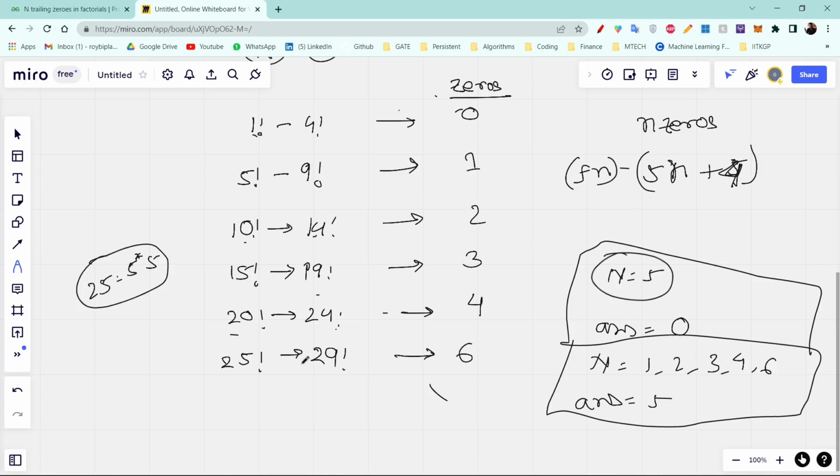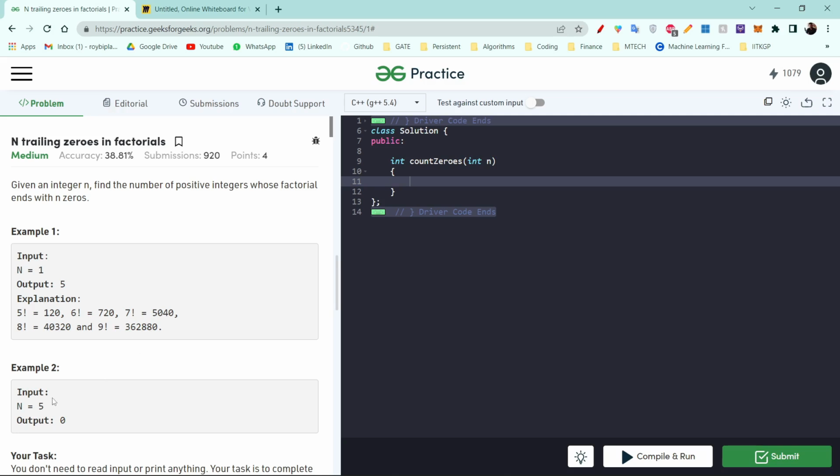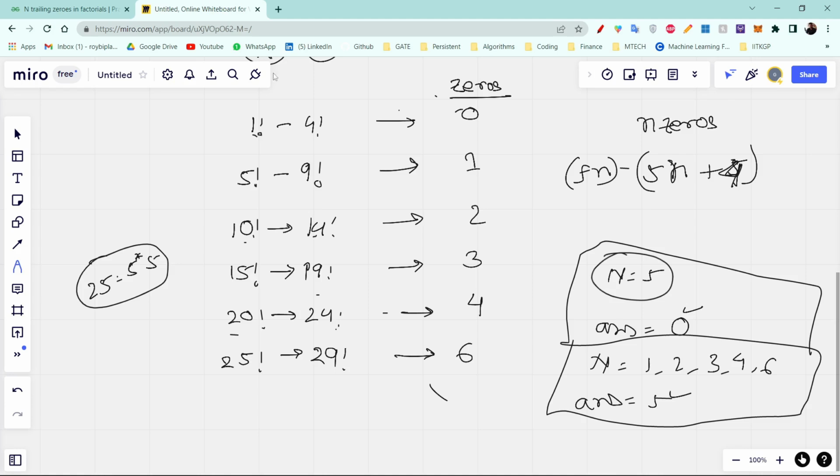So that's all. This is the concept I want to say. For some n your answer will be 0. For some n your answer will be 5. Here you can see that the example was given for n equals to 5. If we want to find the number of numbers where the number of trailing zeros is 5, that answer will be 0.